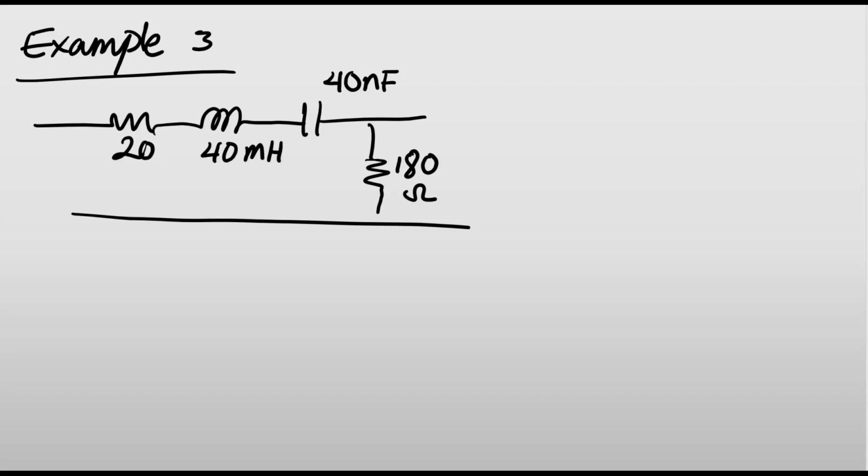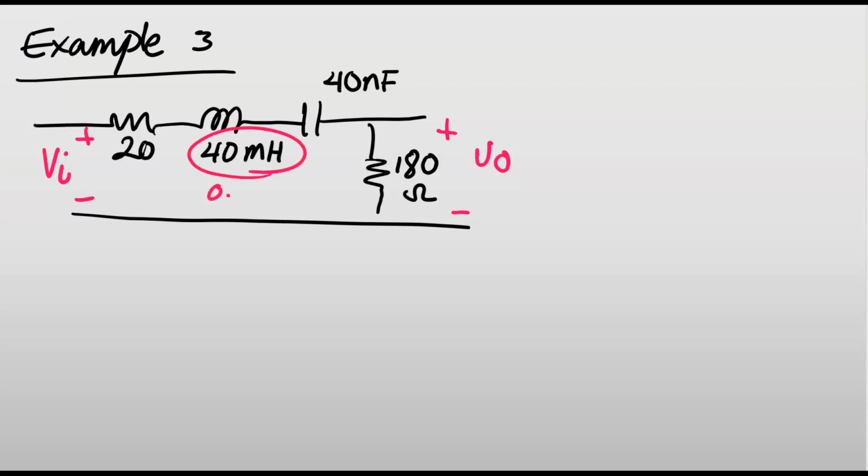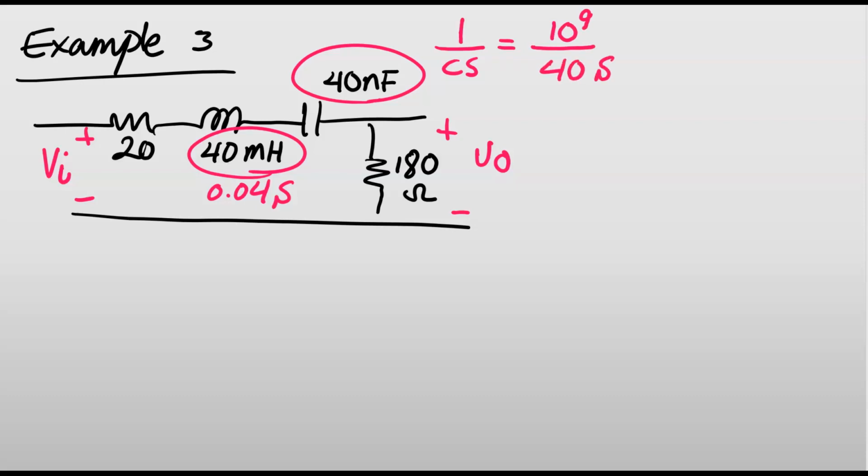In this example, we're applying Vi here, and again, we're looking at the voltage of the resistor as output voltage. So the first step, what I'm going to do is describe everything by their impedances. So here I'm going to use 0.04 multiplied by s to apply the milli, and what I need to use instead of 40 nanofarad is 1 over Cs, which is going to be 10 to the 9 over 40 s.